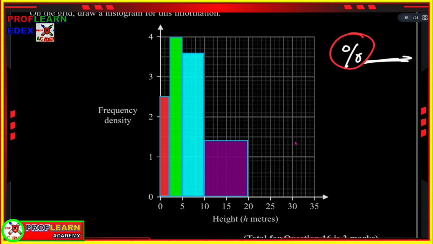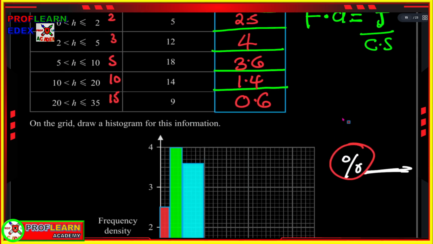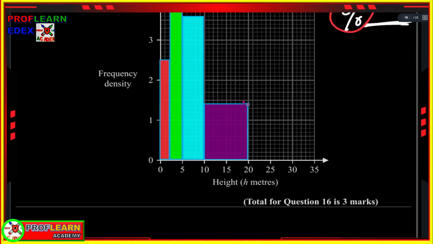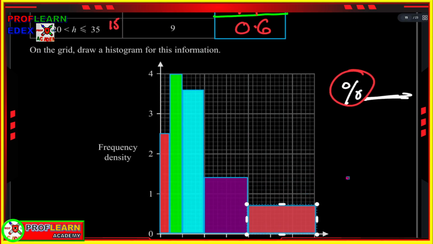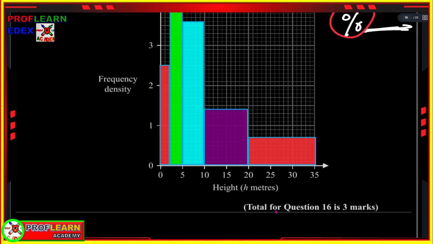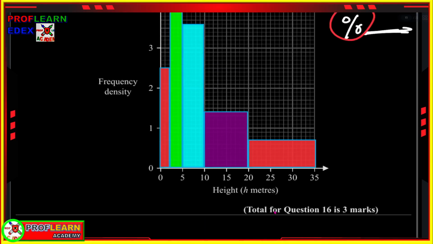Okay, so 20 to 35 is 0.6. We shall move to 35, 0.6, this is 0.5, then 0.6 will be at this given point. Yeah, so that is how the histogram is going to look like. That's our histogram for this particular data.